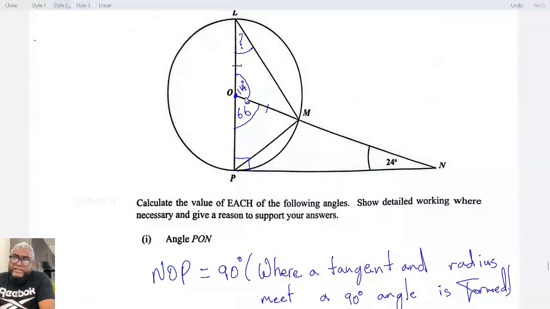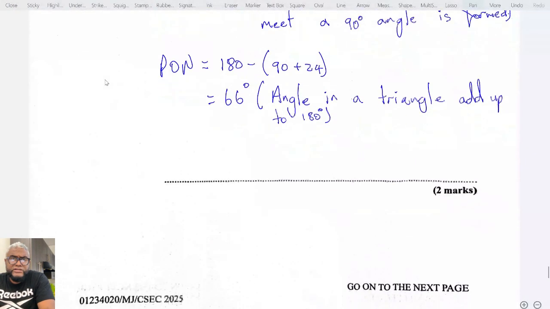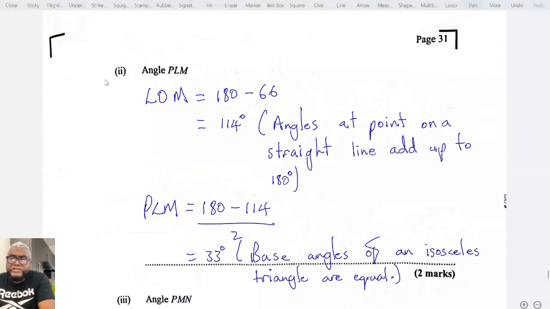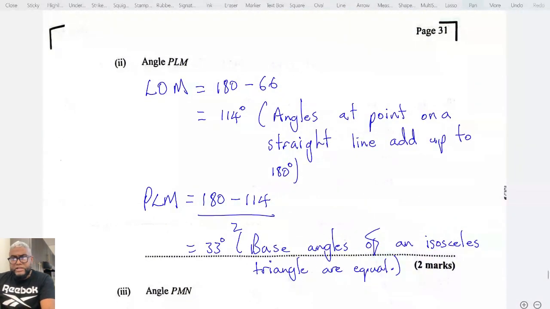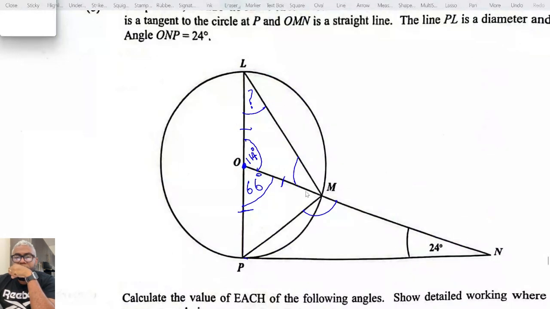Then the base angles of this isosceles triangle are equal, so LOM will simply be 180 minus this 114, divided by 2, and it will give you each one of these angles. That's how I got 33. Those who need to write, go ahead and write.